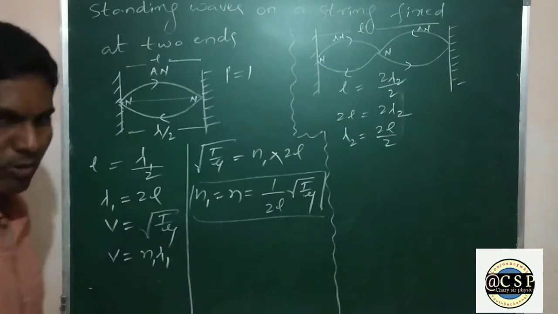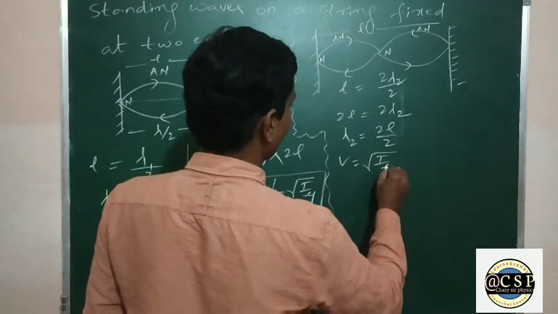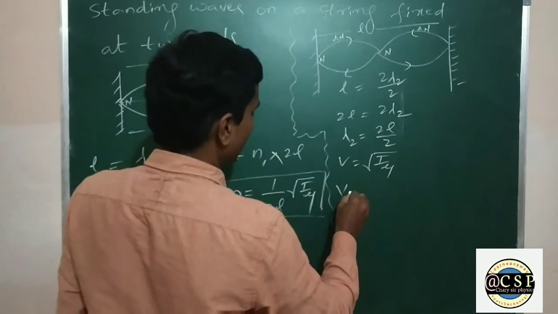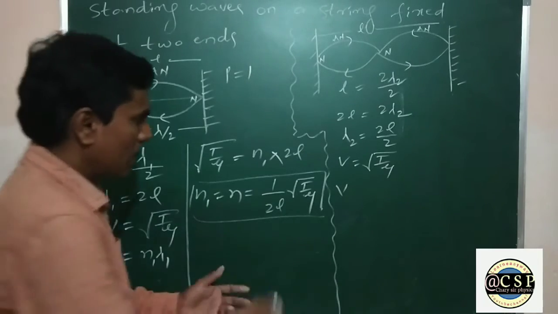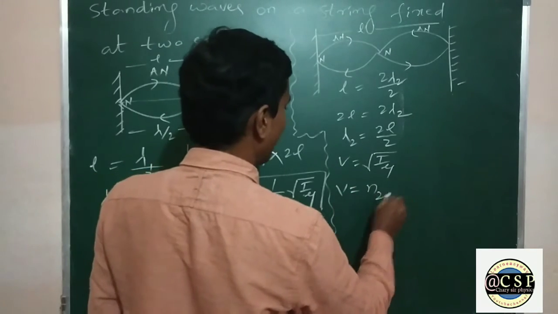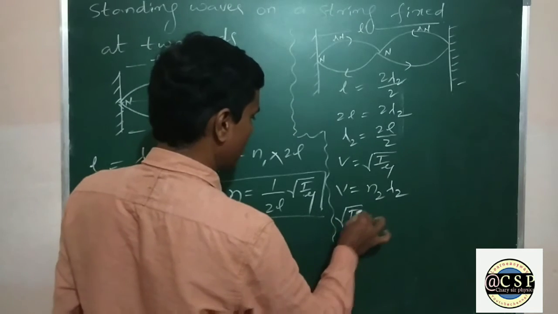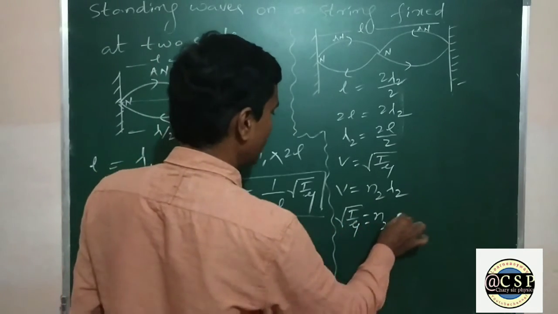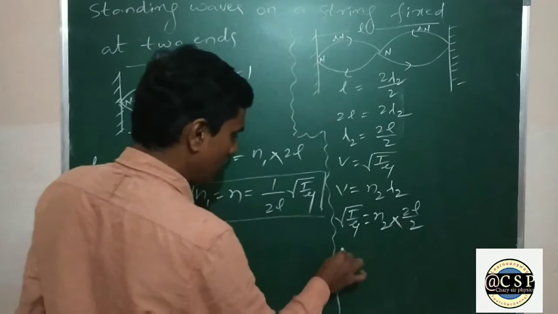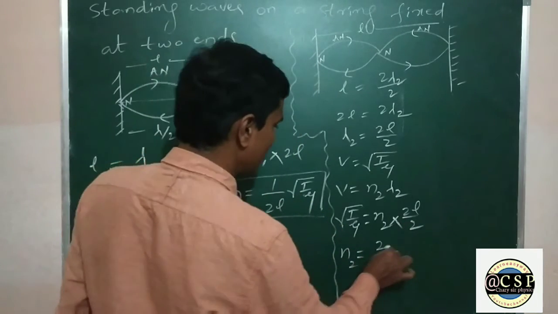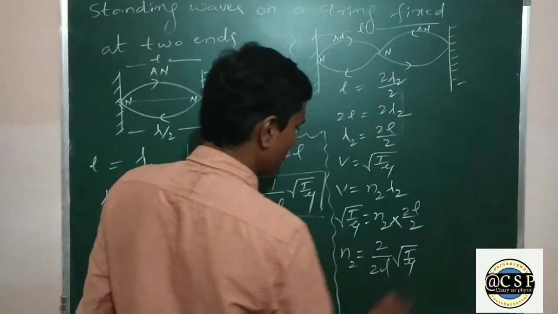In the same way, V is equal to under root T by mu, and the wave velocity V is equal to N2 lambda 2. So root of T by mu is equal to N2 into lambda 2, where lambda 2 is 2L by 2. Finally, N2 is equal to 2 by 2L under root of T by mu.